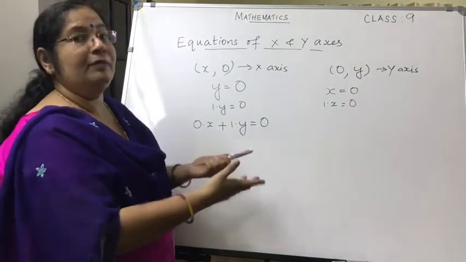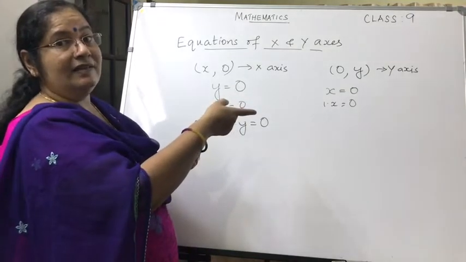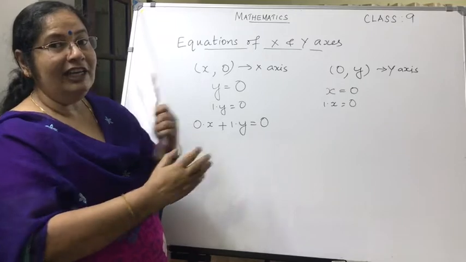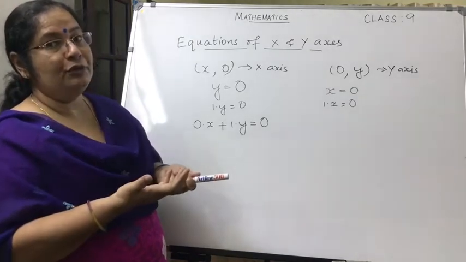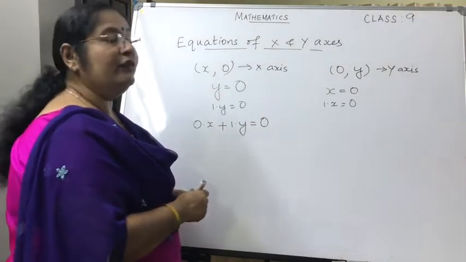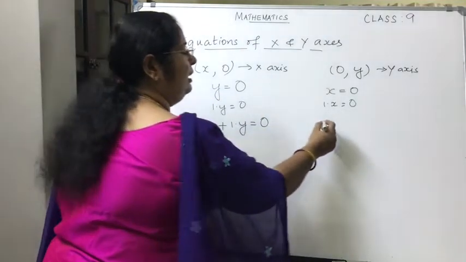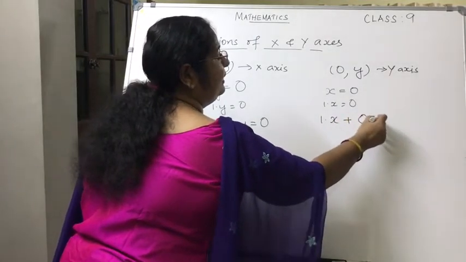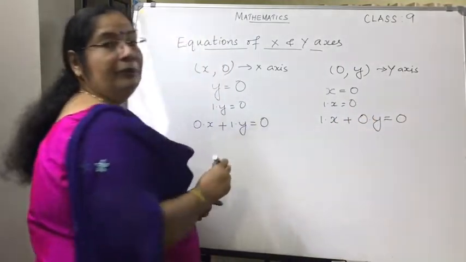Which is the other variable you should have for the y-axis? Y you should have. But y will not have any value. For that, what should you do? Multiply with 0. So, automatically, how will the equation in two variables for the y-axis be? 1 into x plus 0 into y is equal to 0.